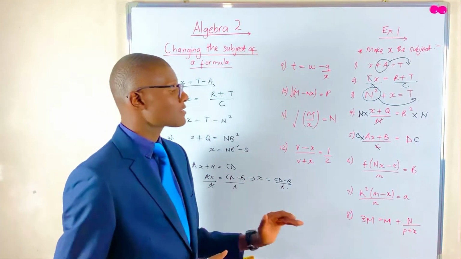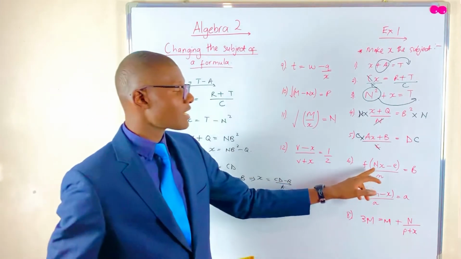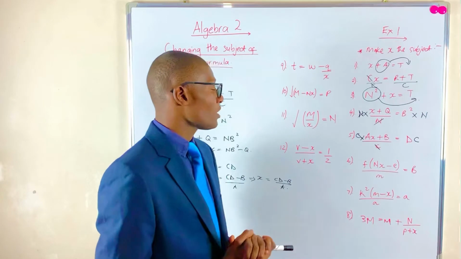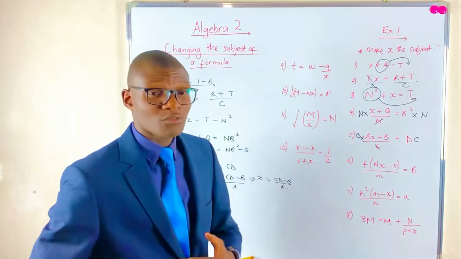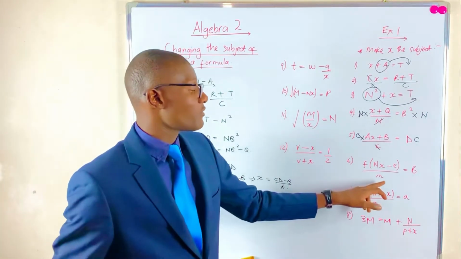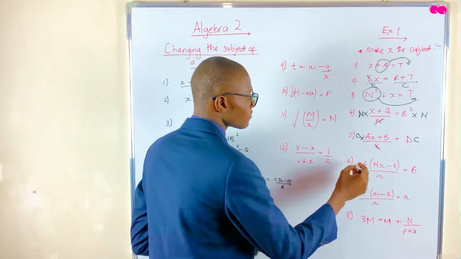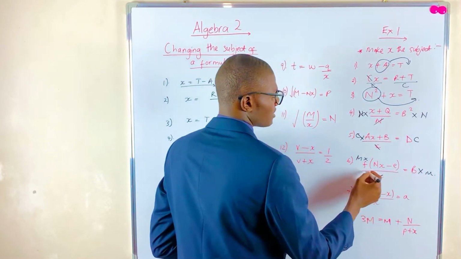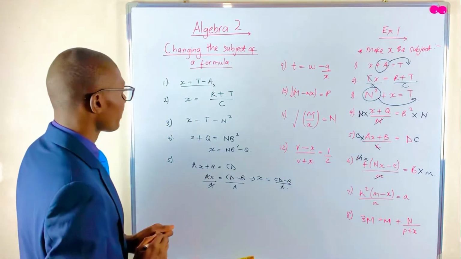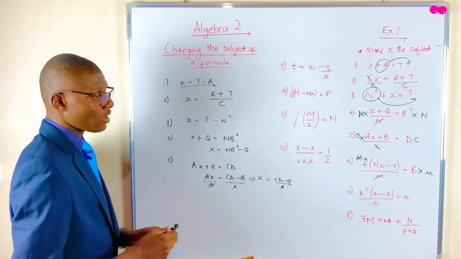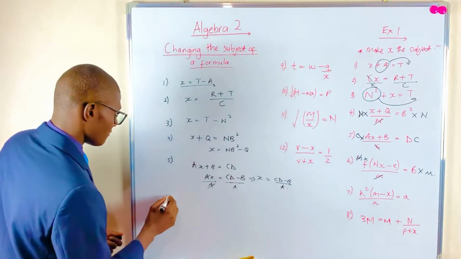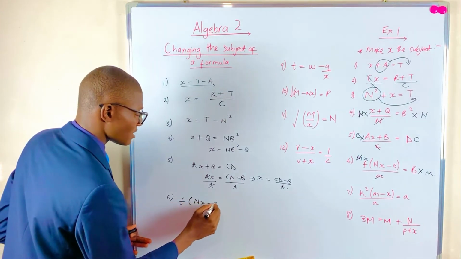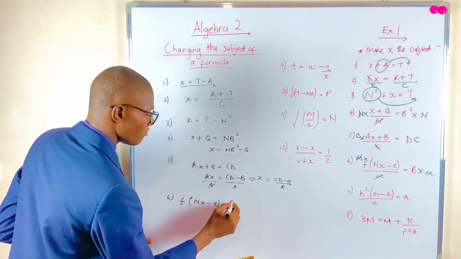Then for number 6, we've got F times nx minus E over M being equal to B. Making x the subject of the formula, first of all, we have to get rid of the denominator. So multiplying both sides by M, this M and that M will cancel. And then now we've got F times nx minus E being equal to Bm.